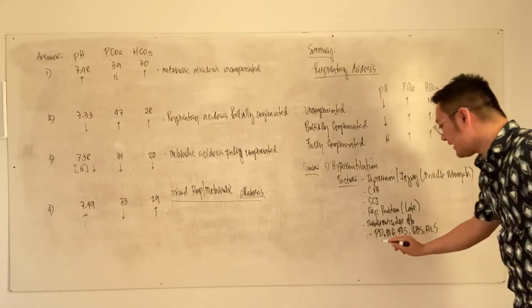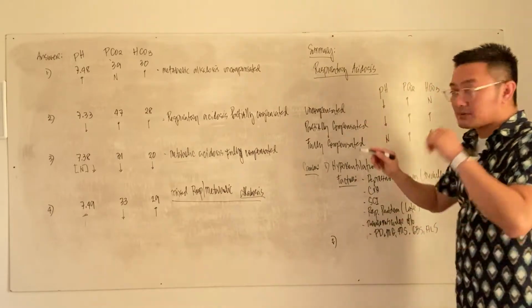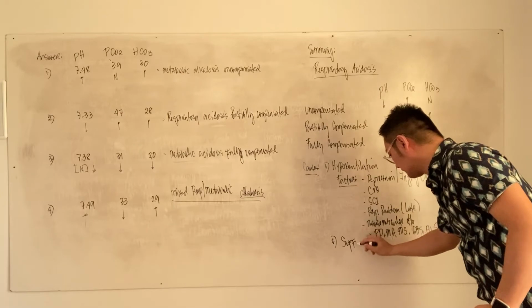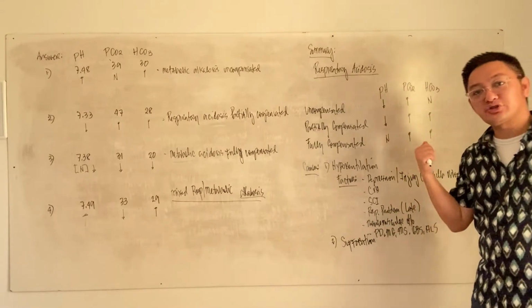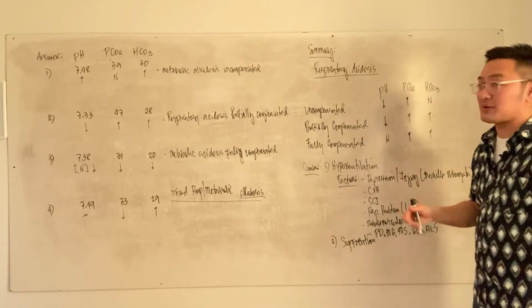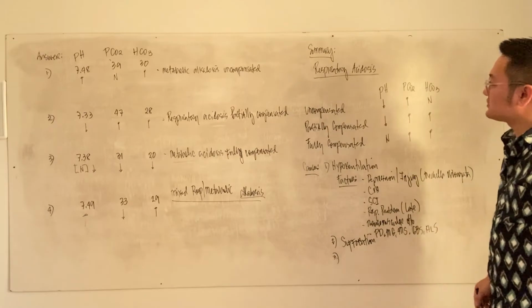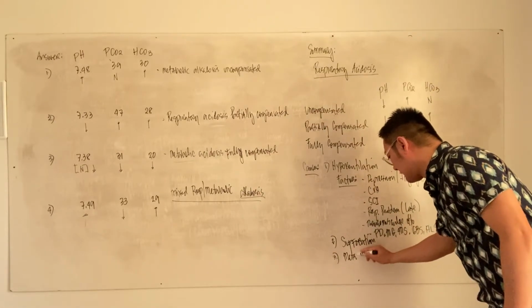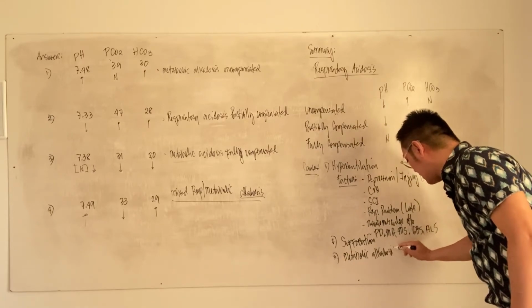Okay, now another reason or cause of respiratory acidosis is suffocation. Once you're suffocated, it can cause respiratory acidosis. Okay, next, number 3, another condition related to respiratory acidosis is metabolic alkalosis.